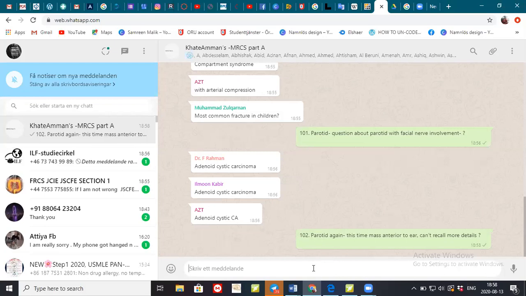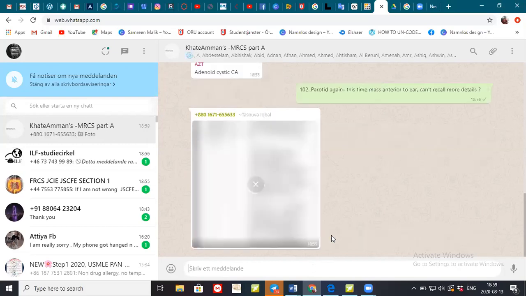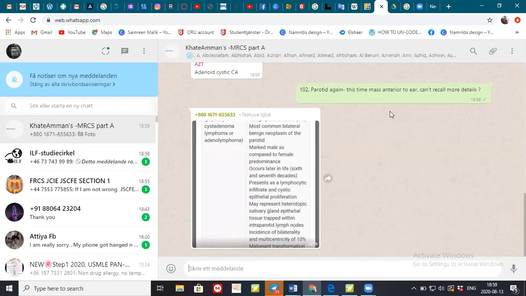So what is the answer to this one? It can be anything, depending upon the option, and then upon the age of the patient and the mode of presentation. There is a mass anterior to the ear, but is it painful? Is it inflamed? Could it be mumps?